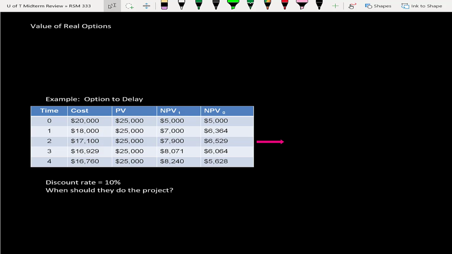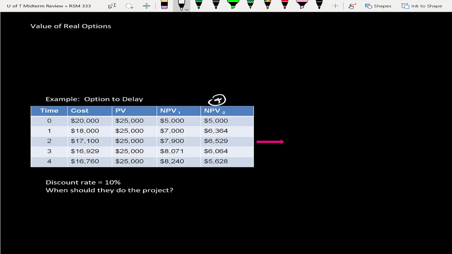So the first scenario is one where we are told that you can go ahead and buy a machine today, and they give us a table of information. They've already calculated the answer for us, but really this is what we're supposed to calculate. So let's look at it this way.